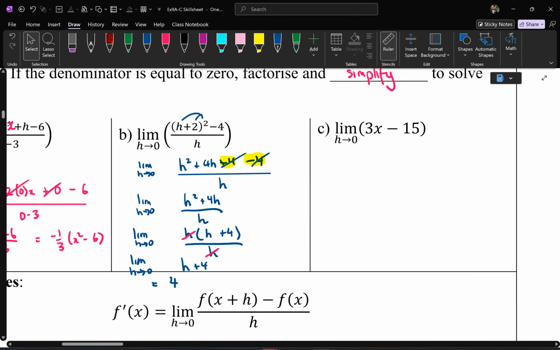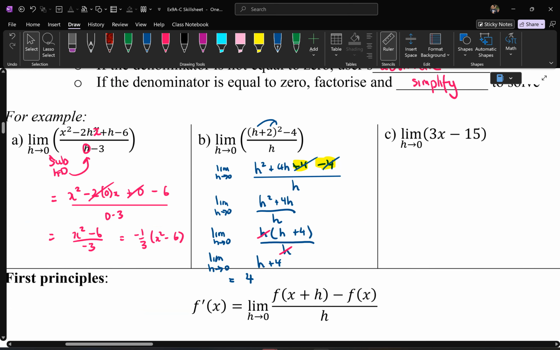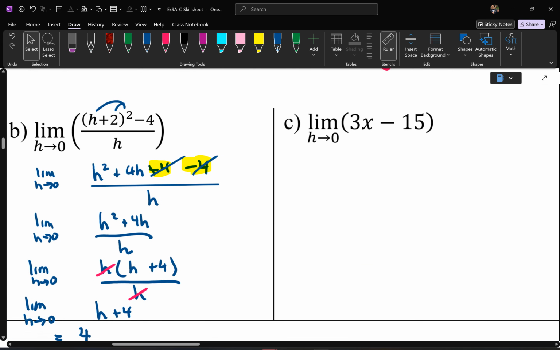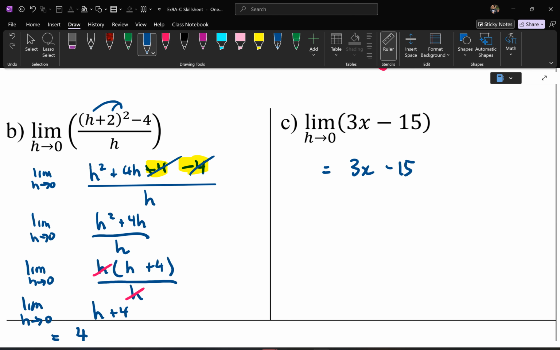Okay? What about the next one? What's the limit of 3x minus 15 as h approaches 0? Very good. There's no h's in this case, so that means 3x minus 15 doesn't get affected. It approaches 3x minus 15.